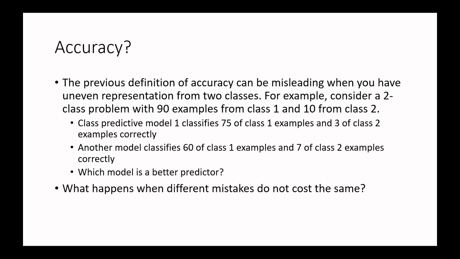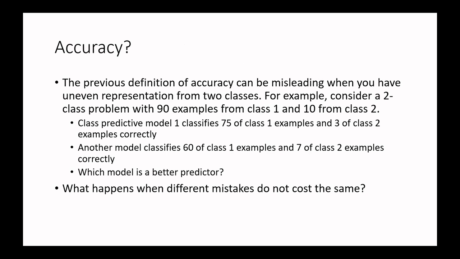Now, I defined the accuracy earlier, all right? That is the number of examples that are correctly classified divided by the total number of examples. Now, it turns out that the accuracy measure could be a misleading measure.